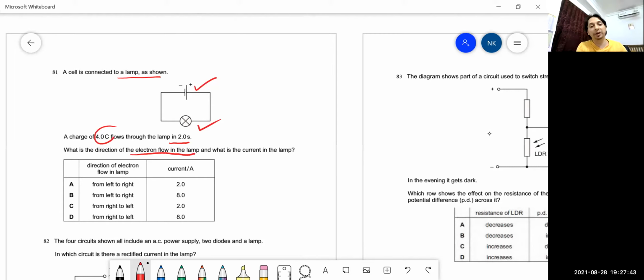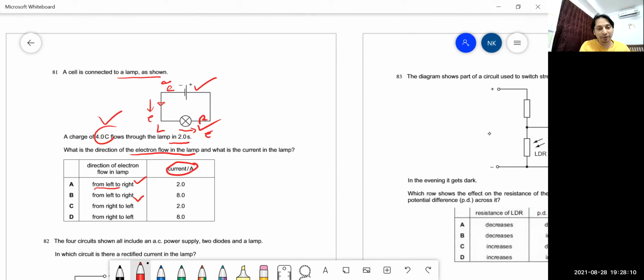Children, we have discussed that electrons flow from the negative terminal of the battery, and they pass through the lamp. What are the options? From left to right across the lamp. This is the left side, this is the right side. So left to right, and then we have to find the value of current.